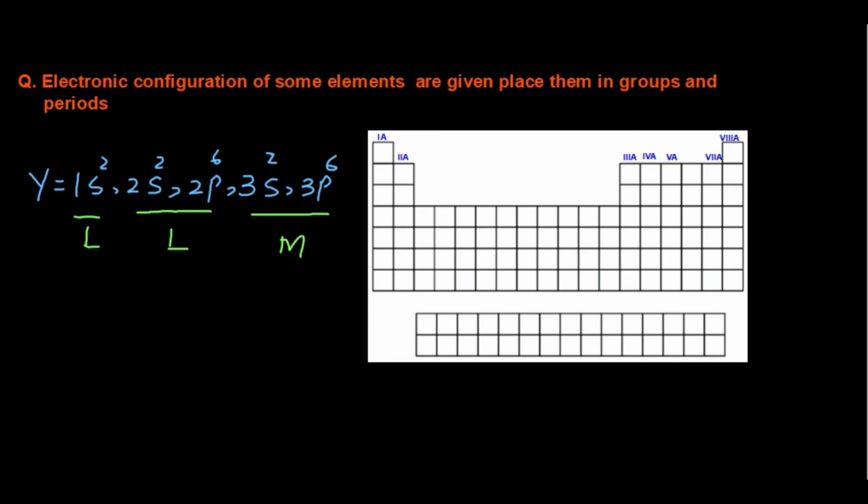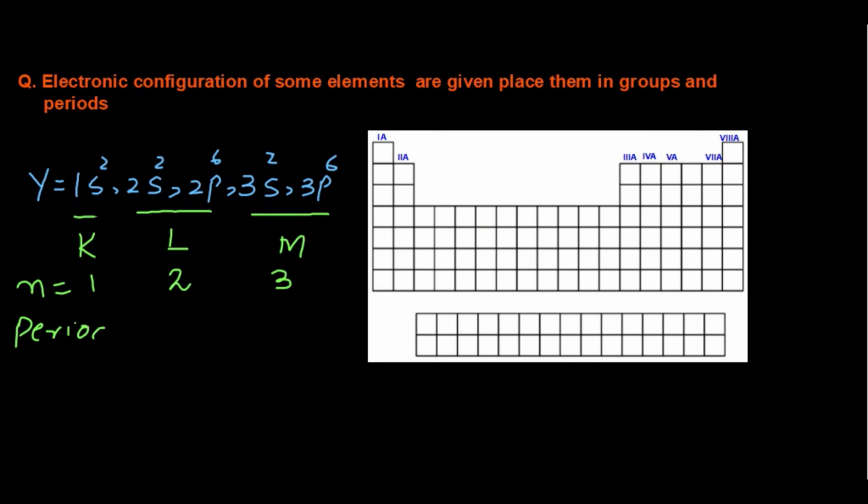The first shell is K, so here we write K. The n value for K is equal to 1, for L is equal to 2, for M is equal to 3. The n value shows the number of the period, so write the period here.